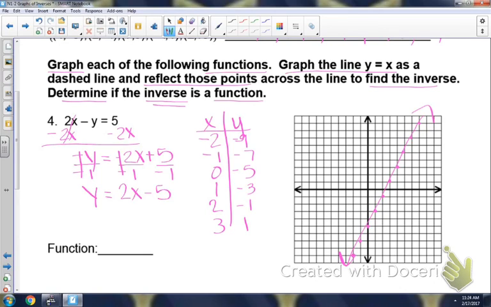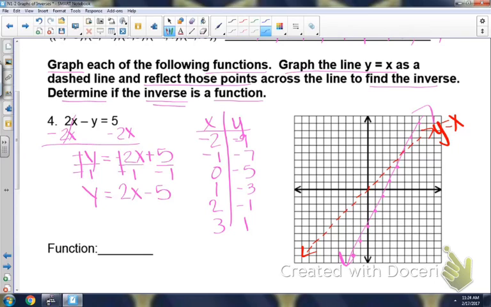Now we're going to graph our line y equals x as a dotted line. And then we're going to graph the inverse. You can reflect it over that line just by looking to see how far it is on one side and then the same distance on the other side, or just switch those x and y coordinates.